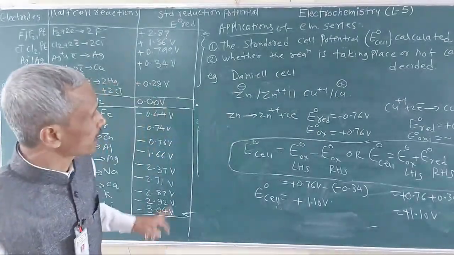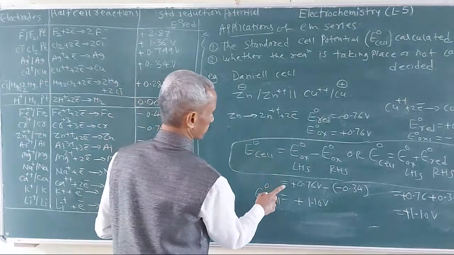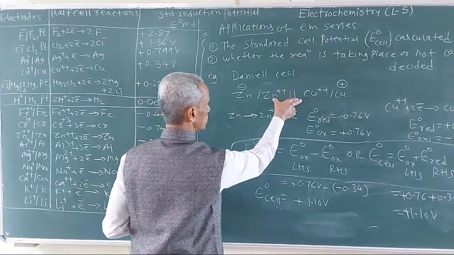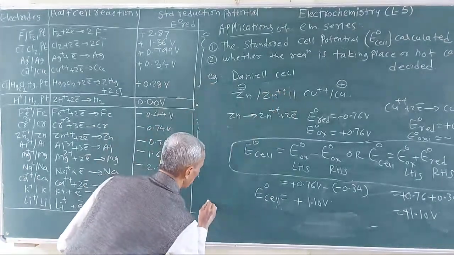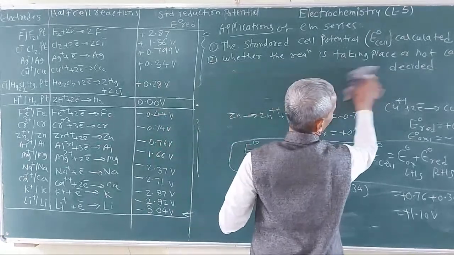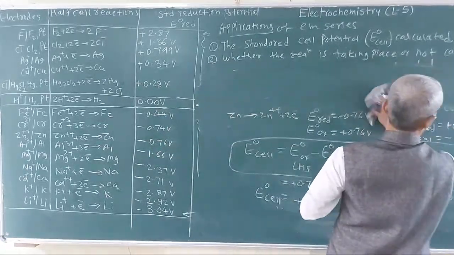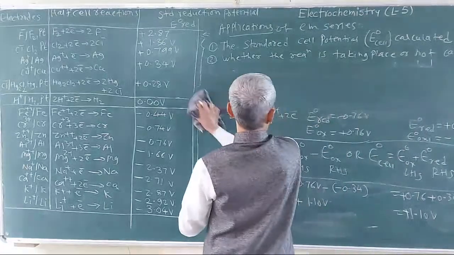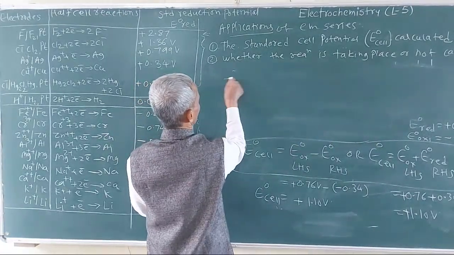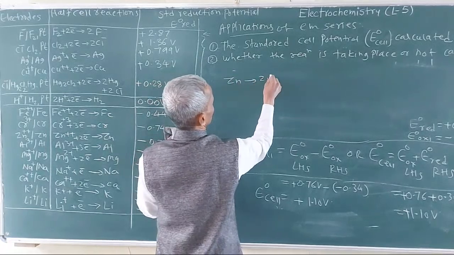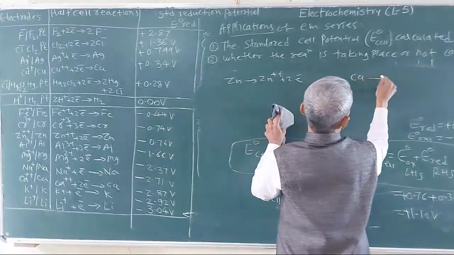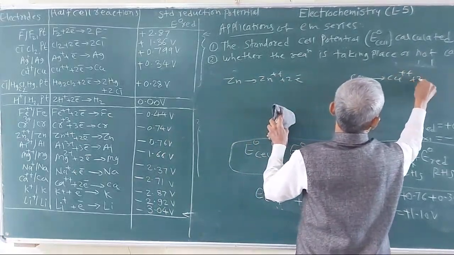Now, if you consider this type of redox reaction in an electrochemical cell, there are two reactions. Consider now again the Zn giving Zn2+ plus electrons, or copper giving copper ions plus electrons.